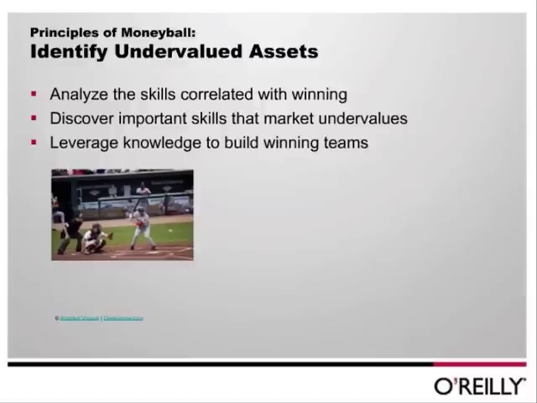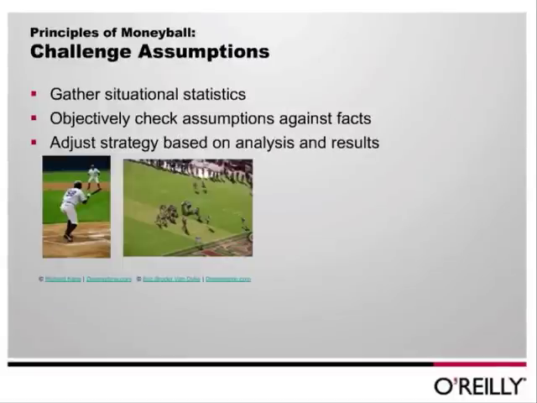Another principle of Moneyball is to use metrics to examine and challenge our assumptions about people, players, skills, or strategies. You do this by gathering statistics and looking at the situation in which you're gathering.